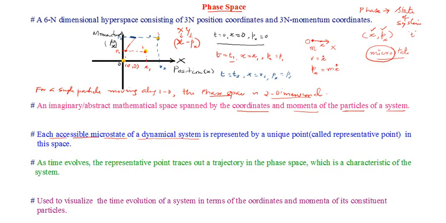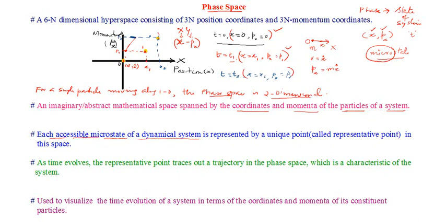The each accessible microstate, because you know this pair of position and momentum values are accessible, permissible. This value of position and momentum are also permitted. Okay, this value of position and momentum are also permissible. So these position-momentum pairs are what is known as accessible.